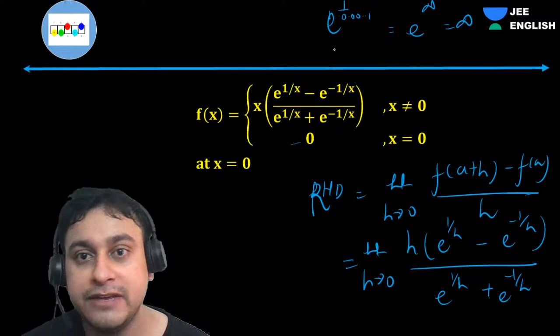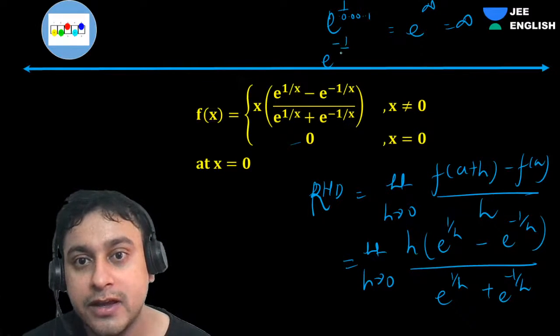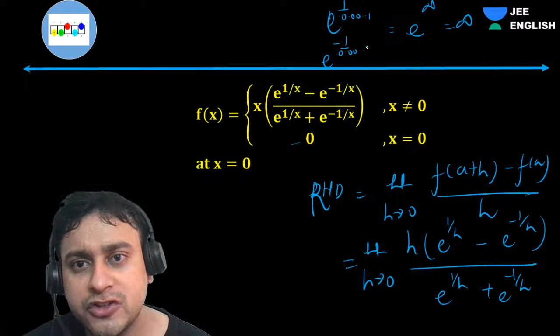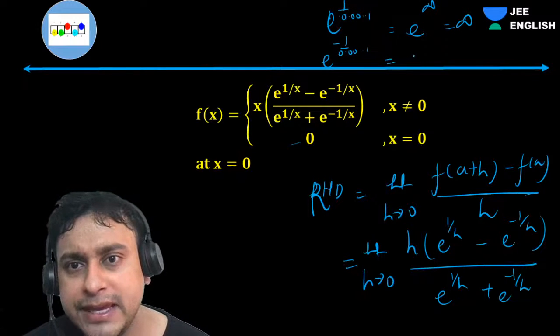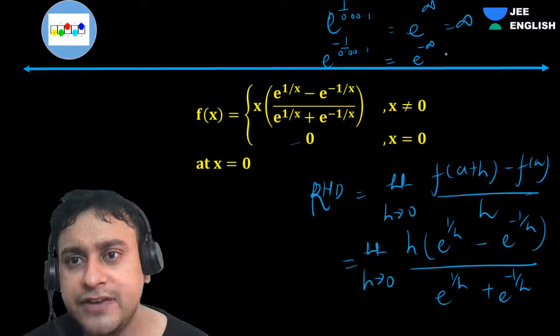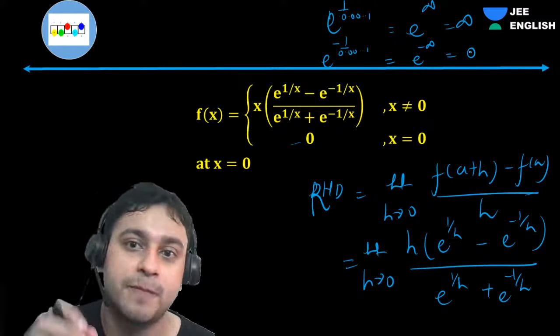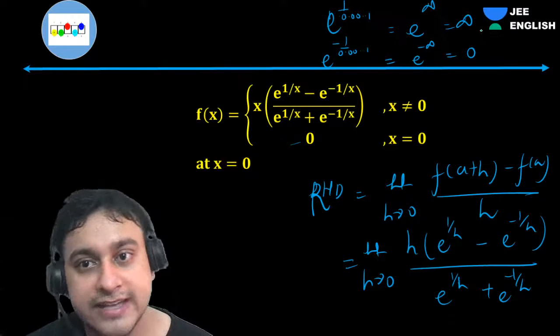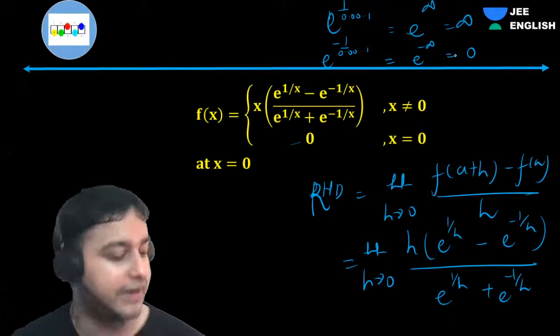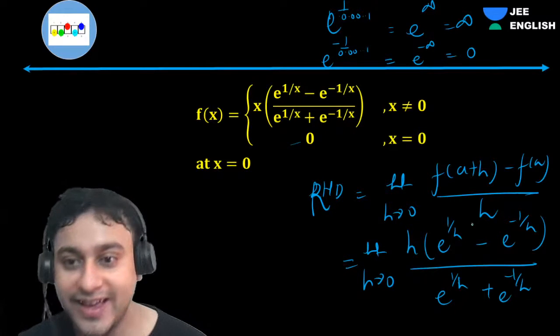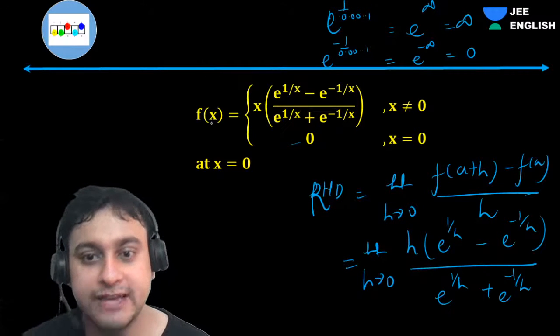E power infinity will be infinity, but e power minus 1 by 0.0001, try to understand, will be e power minus infinity, which is tending to 0. Is everyone getting this or not? E power infinity is infinity, but e power minus infinity is 0.